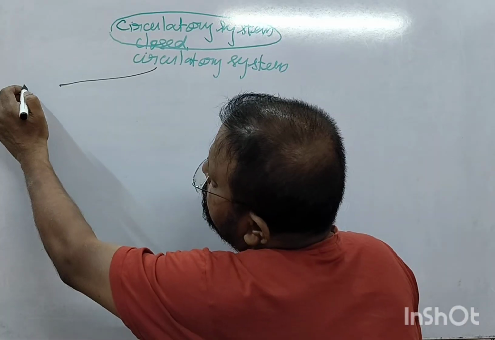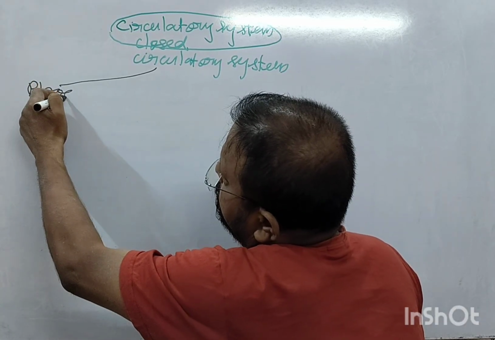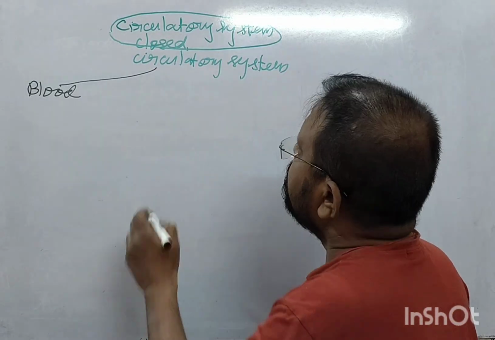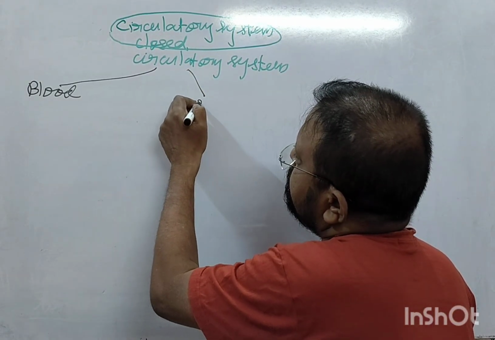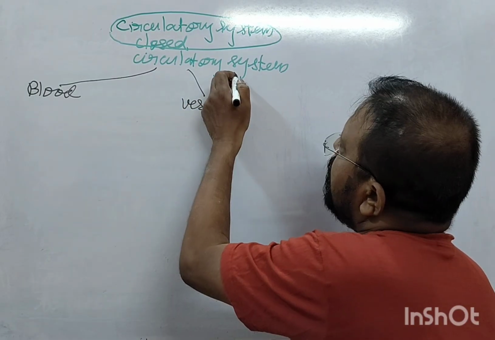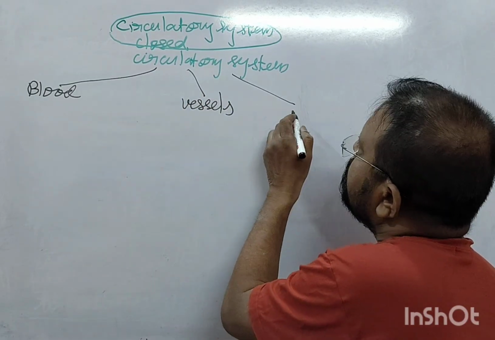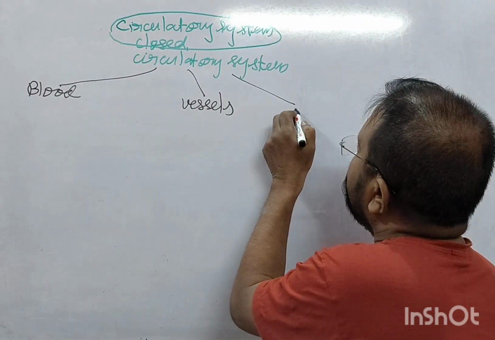One is blood. Another one is vessels. And the last one is what we call the heart.